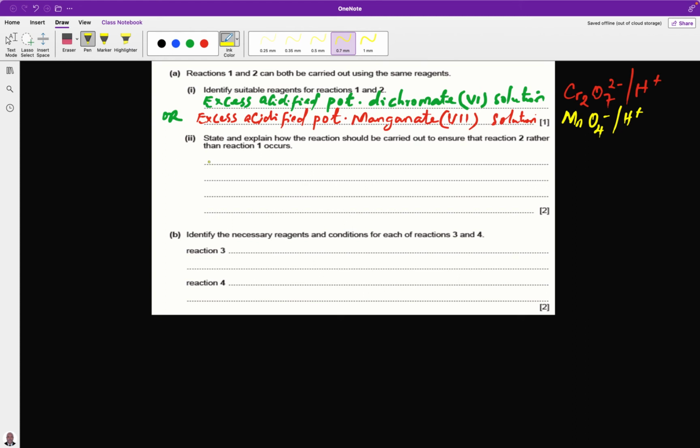You can say here that you heat the reaction mixture under reflux with what?